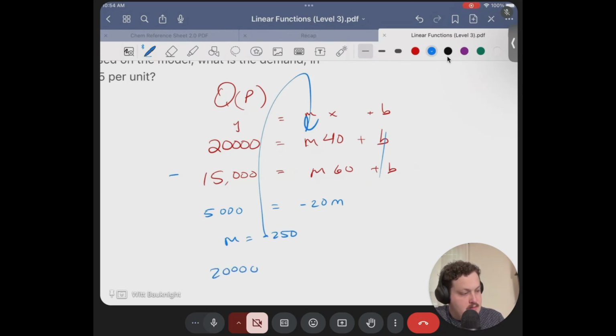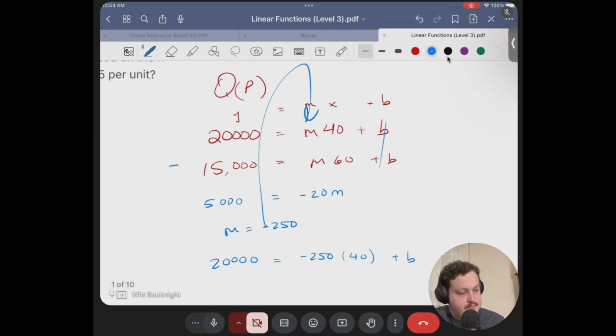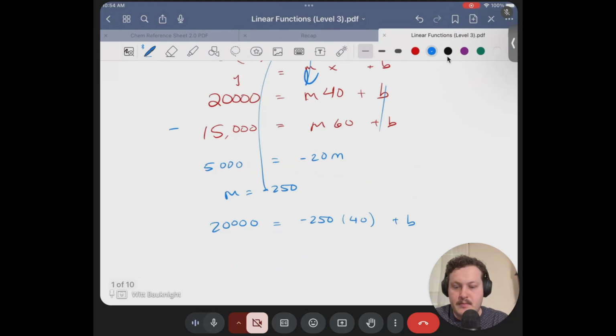20,000 equals negative 250 times 40 plus b. Let's solve for b. 20,000 plus 250 times 40, 30,000 is equal to b.